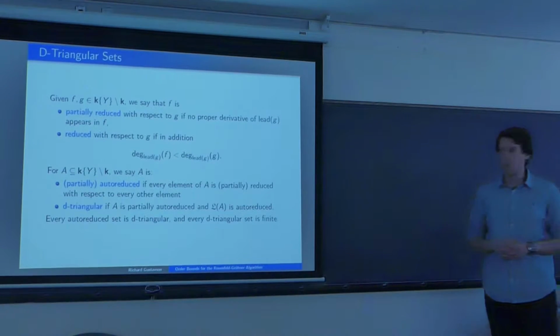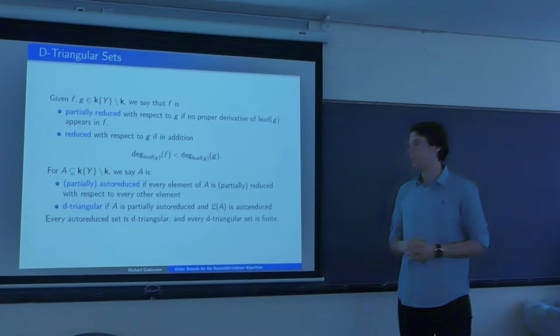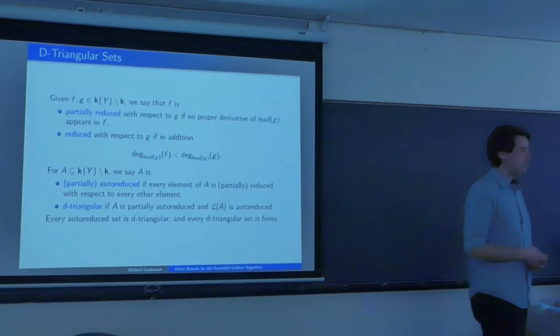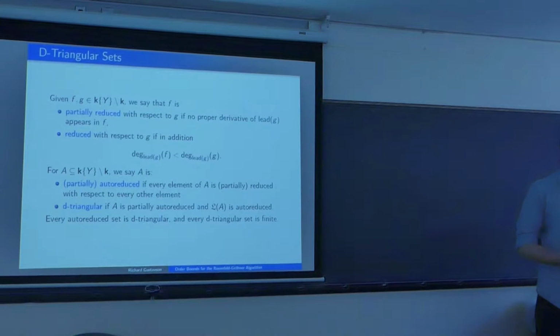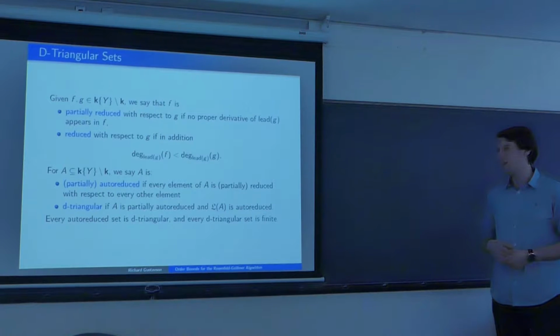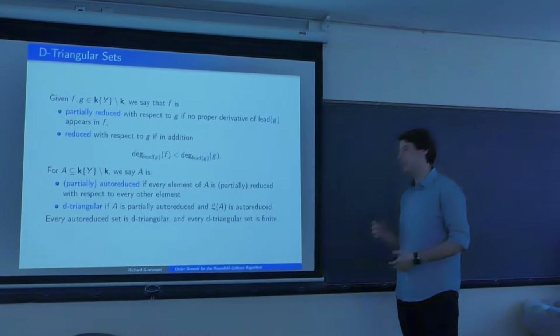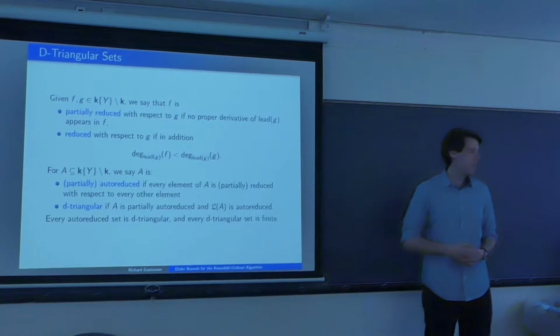If we have two differential polynomials f and g, we say that f is partially reduced with respect to g if no proper derivative of the leader of g appears in f, and it's reduced if, in addition, the degree of f in the leader of g is strictly smaller than the degree of g in the leader of g.